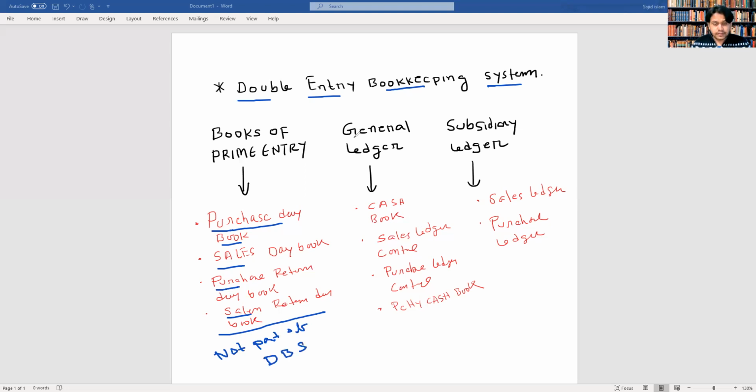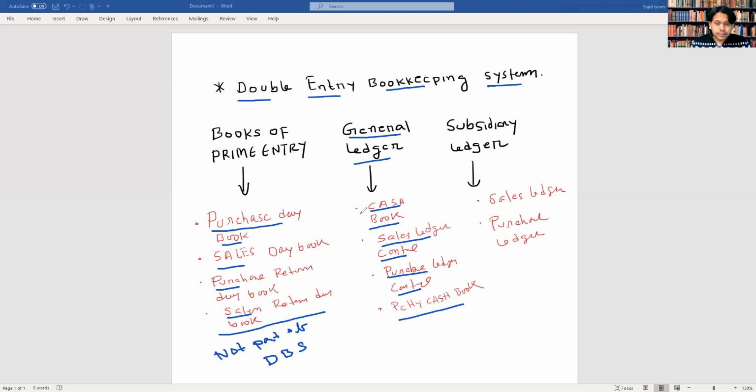The next one we have is the general ledger. Remember, the general ledger is part of the double entry bookkeeping system. And there are a few examples here. In the general ledger, the first one we can see is the cash book, then sales ledger control, purchase ledger control, and the petty cash book.